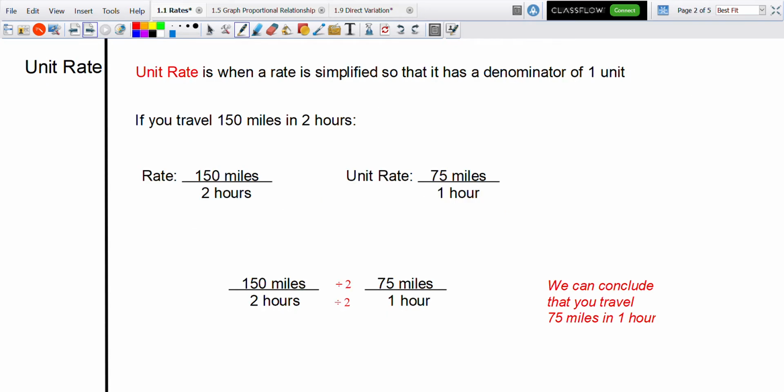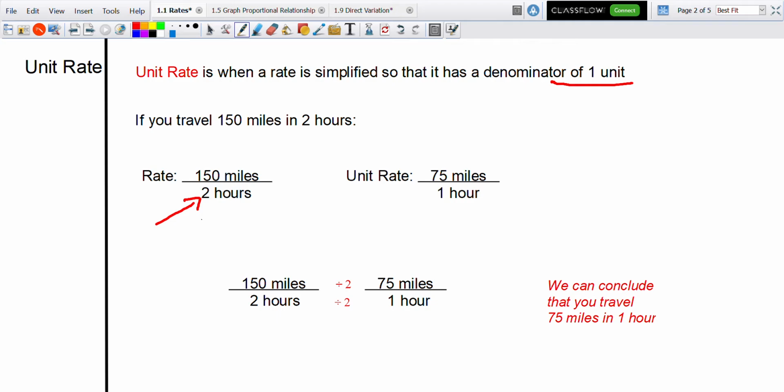So what we often work with are called unit rates. Unit rates are when the denominator, or the bottom unit, has a unit of 1. Okay, so if you travel for 150 miles in 2 hours, we can set it up like this: 150 miles over 2 hours.